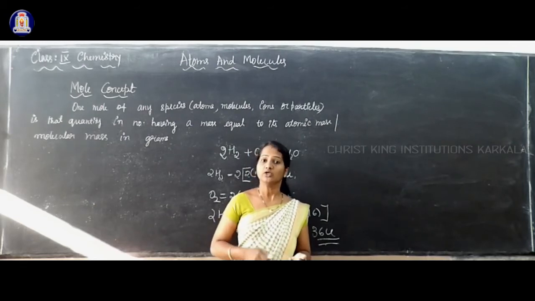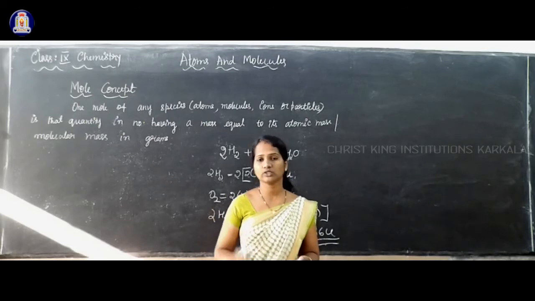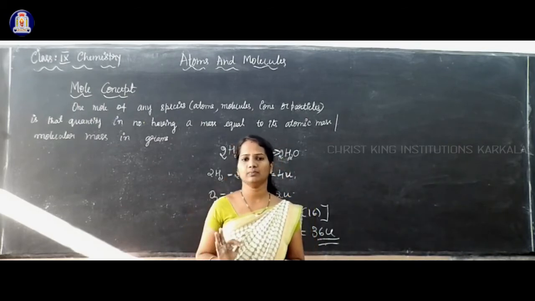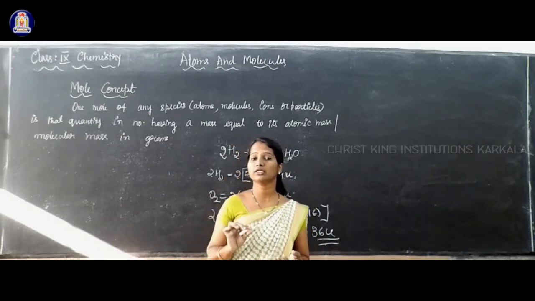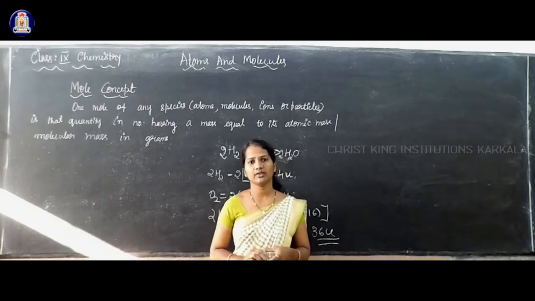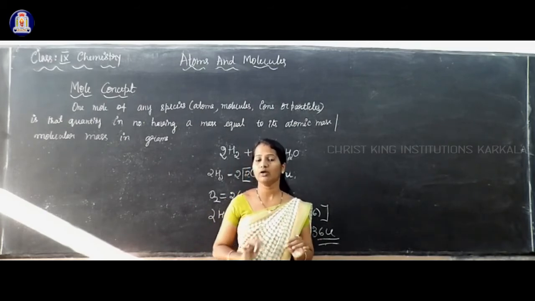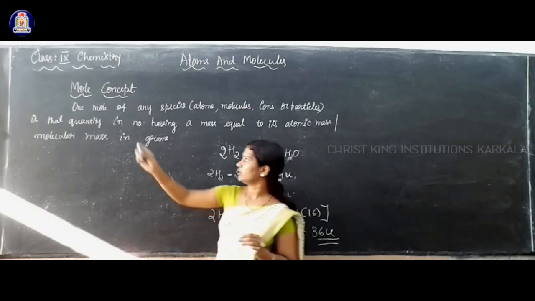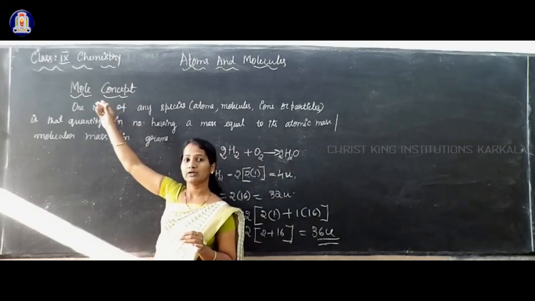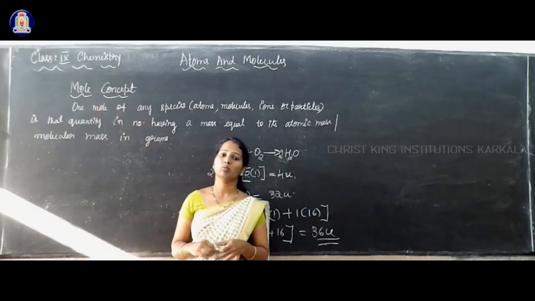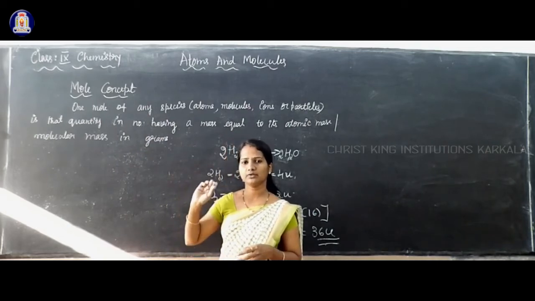The particles may be ions or atoms or molecules or anything. So the number of molecules or atoms participate in the chemical reaction. Therefore, a new concept called mole is introduced. Mole, a new concept called mole.